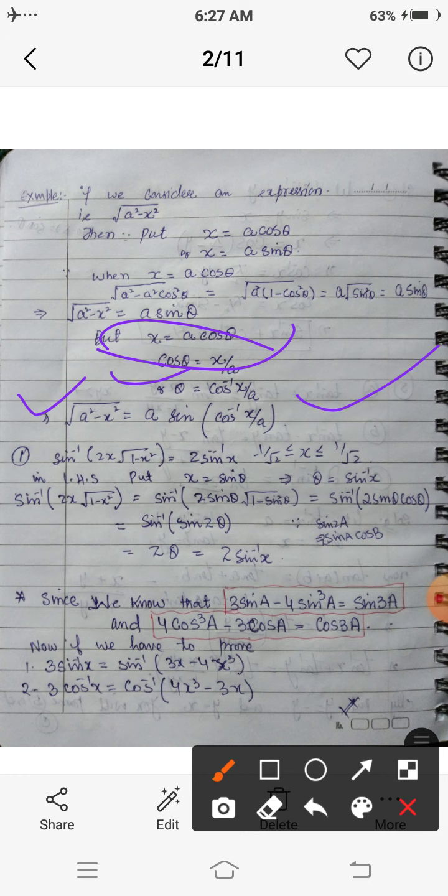Now question 1 of this exercise is to prove that sine inverse of 2x root 1 minus x square equals twice sine inverse x. Here we will consider the LHS, sine inverse 2x root 1 minus x square.